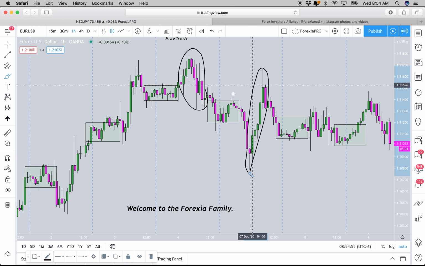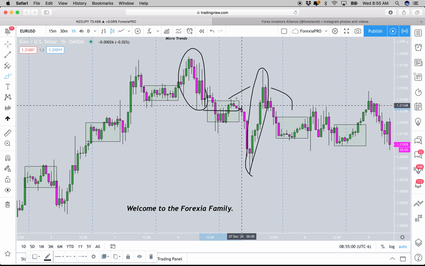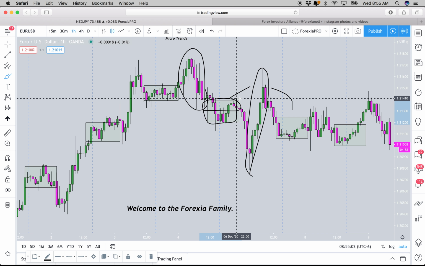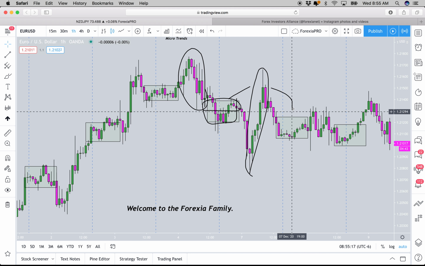And on the outside of this reside these consolidation phases. These phases where the market just stops moving or moves sideways, right? Nobody likes it when the market moves sideways.